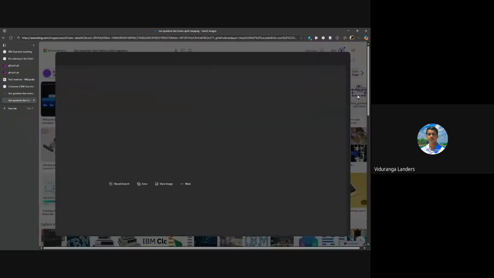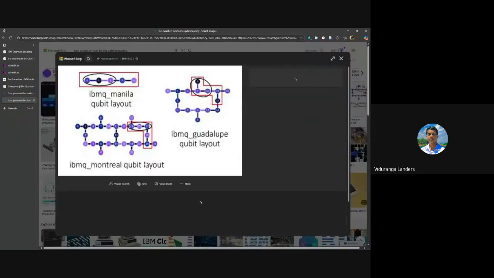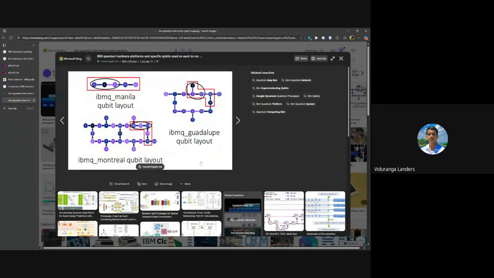So this is actually how the qubits are placed inside the quantum computer or a quantum chip. So you may remember that I talked about this briefly in my session, that you can't entangle whatever qubits you need.